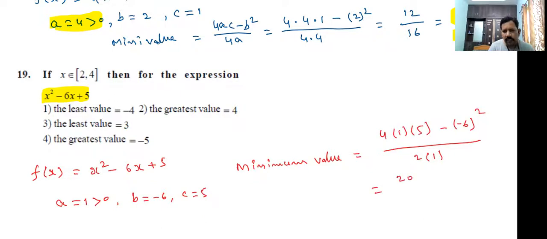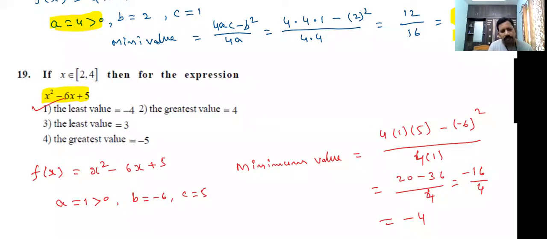See here, 20 minus 36 divided by 4. Not 2A, 4A, sorry. Minus 16 divided by 4. That is -4. What is the least value now? -4. Least value, minimum value, same formula. Remember it. Greatest value, maximum value.